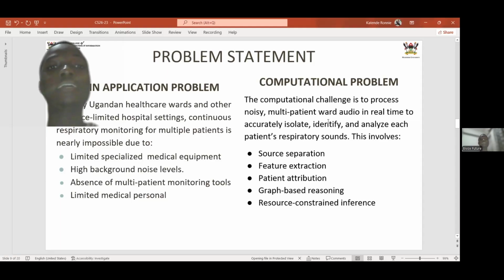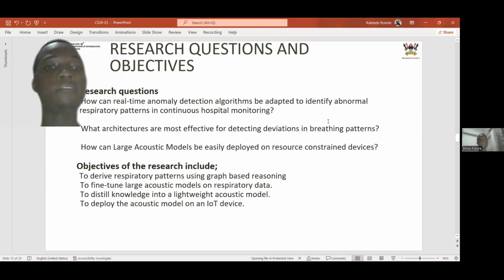We have patient attribution, correctly assigning detected sounds and anomalies to the corresponding patients. Then graph-based reasoning, in terms of modeling temporal and inter-patient relationships to detect individuals with respiratory problems.